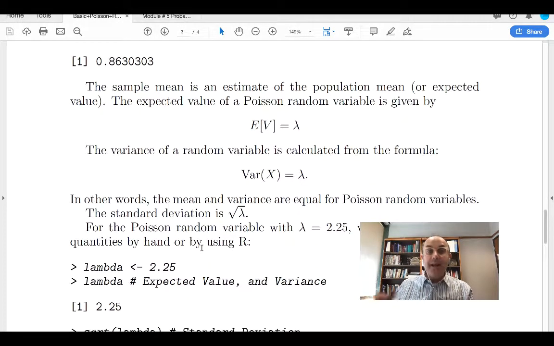So the sample mean is an estimate of the population mean or expected value, and the variance of a random variable is calculated by the following formula.